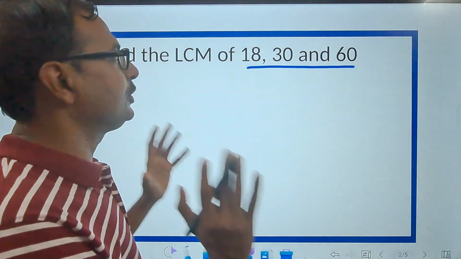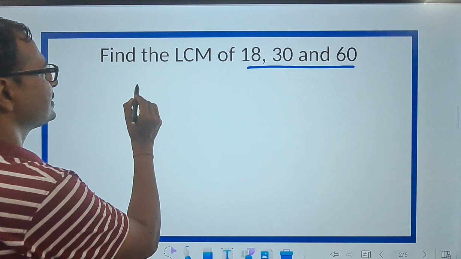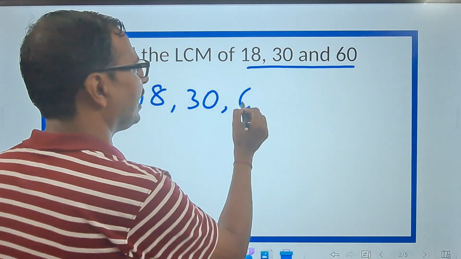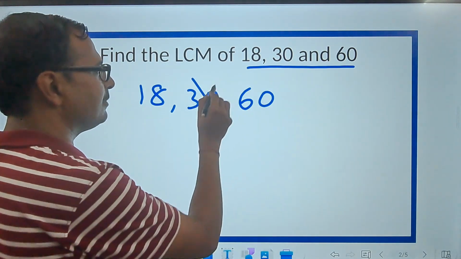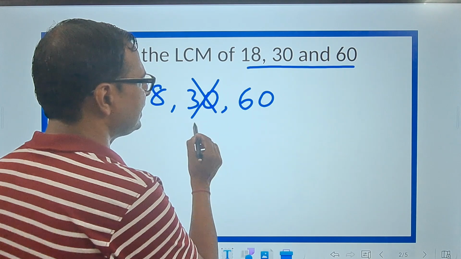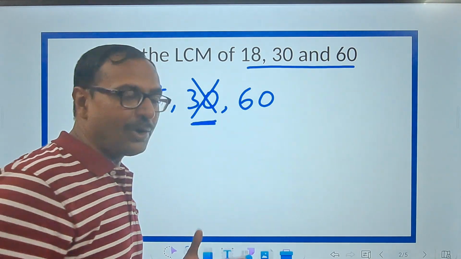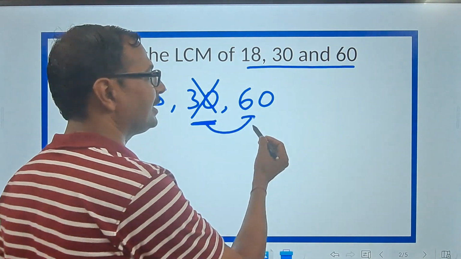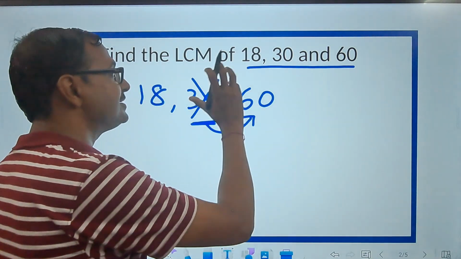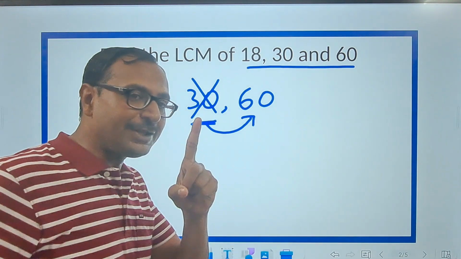So what am I going to do here is, out of 18, 30 and 60, I will forget 30. You know why? Because 30 is a divisor of another number in this sequence of numbers. 30 divides 60 exactly. Remember the rule?